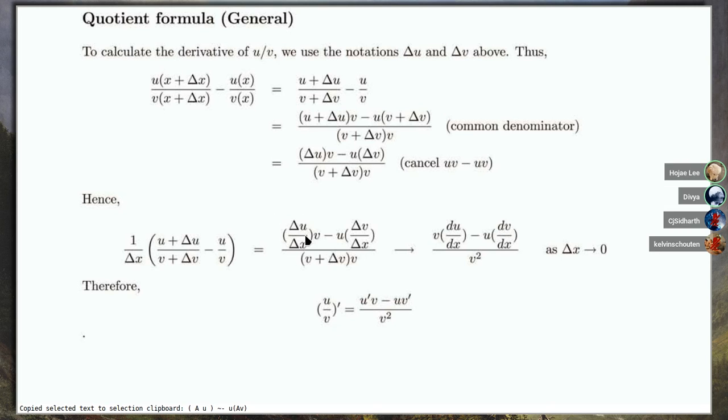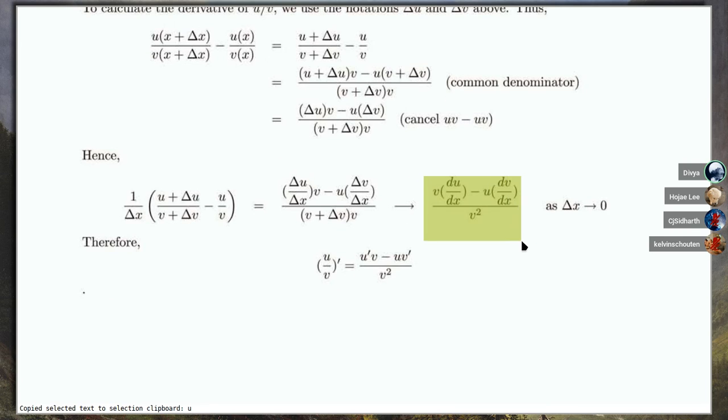So you have delta u over delta x times v, minus u times delta v over delta x. The denominator stays the same. When you take the limit as delta x approaches 0, you get du dx times v minus u times dv dx, and the denominator becomes, of course, v squared. So this is your quotient rule: u prime v minus u v prime over v squared.